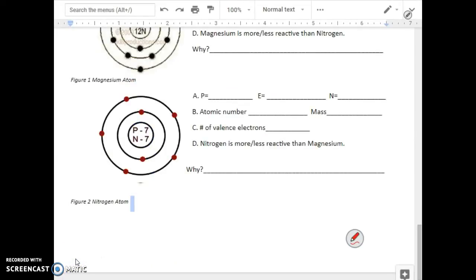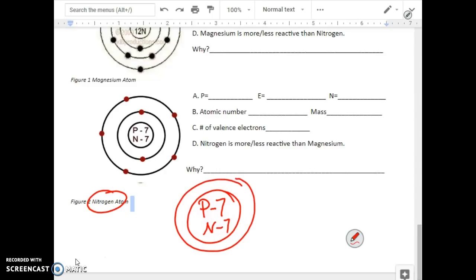Okay, so this last one is a nitrogen atom. Unfortunately, on your paper, the wrong image was put. We accidentally gave you another magnesium atom. So on the bottom here, if you would copy the atom that we have there for you, which is 7 protons, 7 neutrons, 2 shells, and a total of 7 electrons.